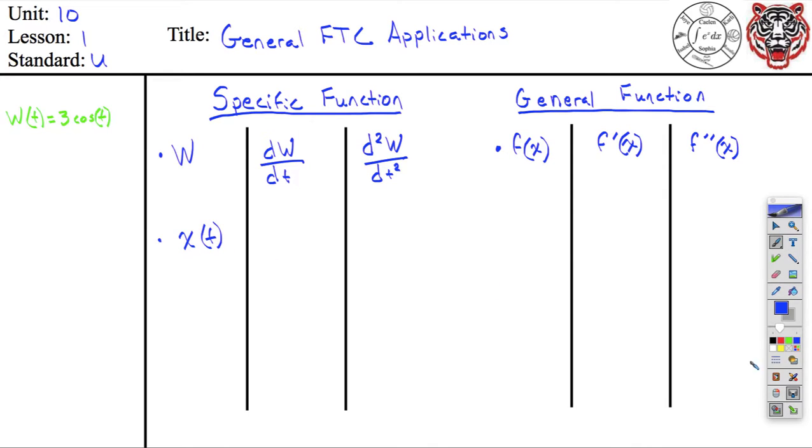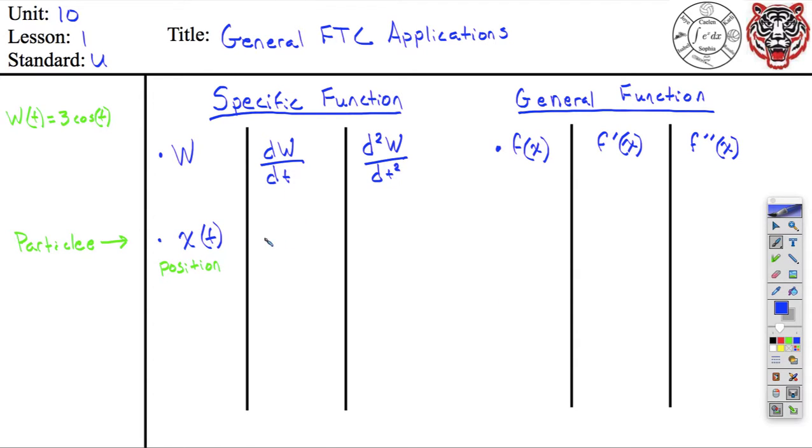That would be your position. We can write position under there. And almost always when you're talking about a particle, you're almost always going to have a specific function. They're not going to say, in general, a particle does this. So that's why I'm putting it in the specific function category.